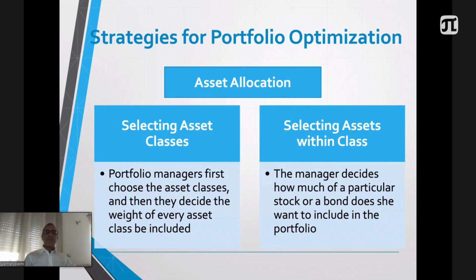So they decide, for instance, that they want to invest 60% in bonds, 40% in stocks, let's say. And then once you decide the proportion of different asset classes, then managers decide how much of a particular stock or of a particular bond she wants to include in the portfolio.